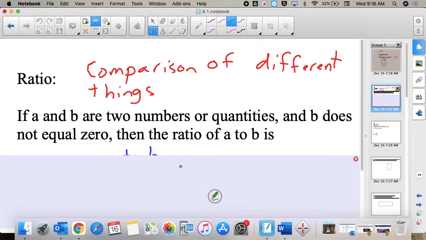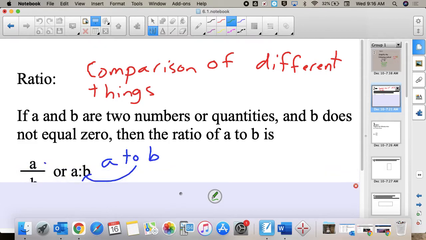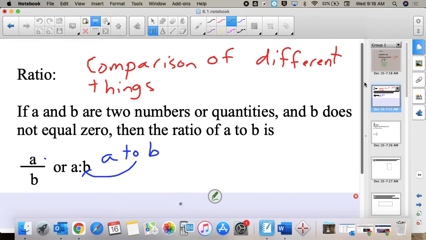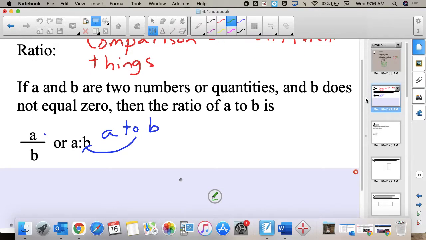So if A and B are two numbers or quantities, and B does not equal 0, the way we write a ratio is we can write it as A over B, we can write it as A colon B, or we can write it out in words as A to B.